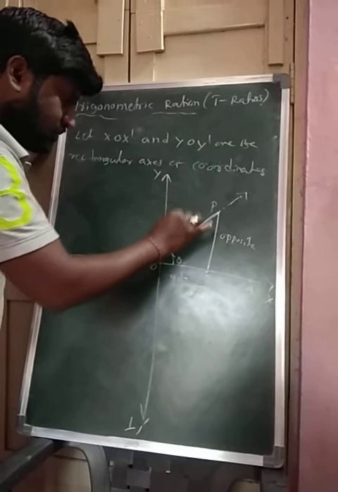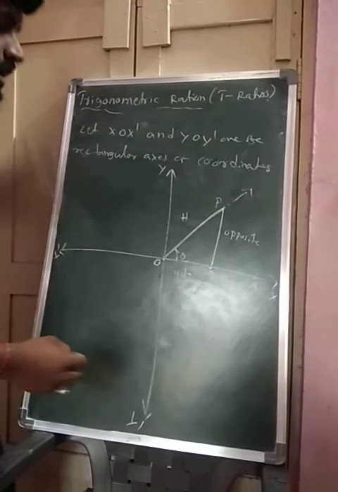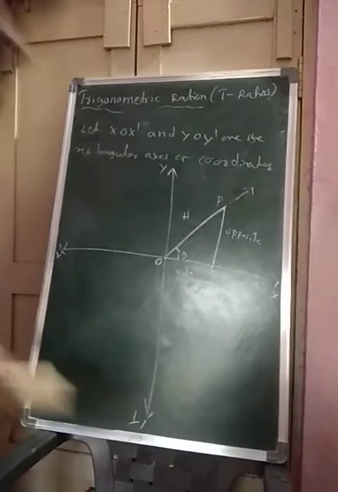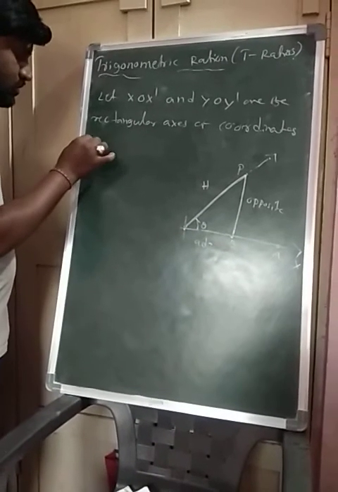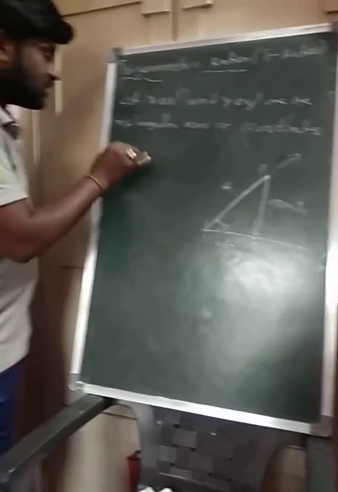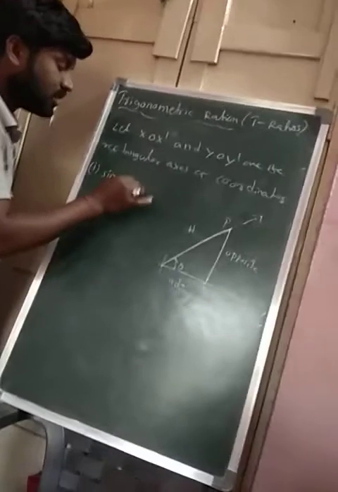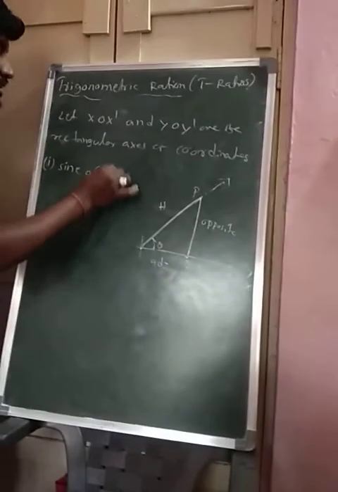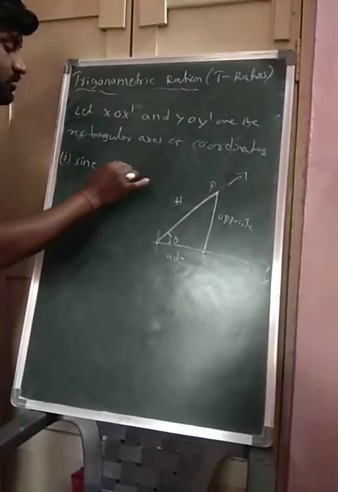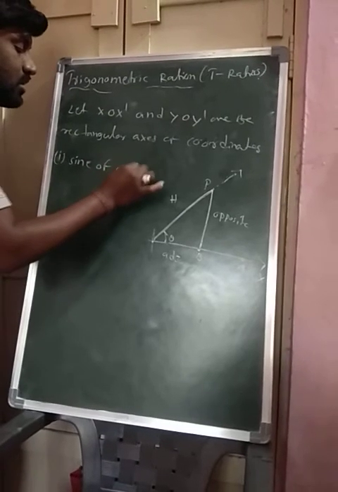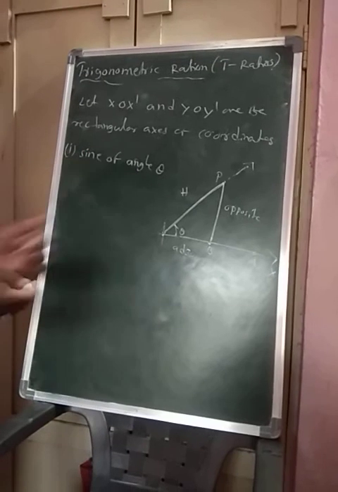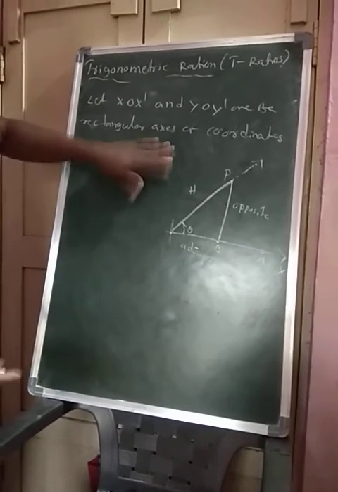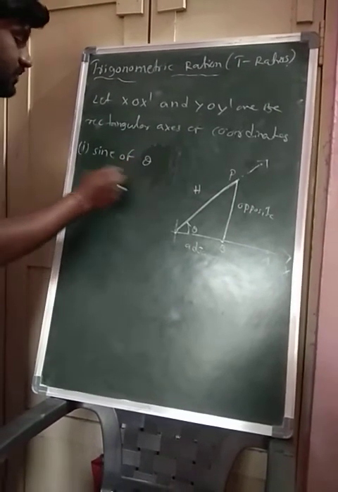OP is the hypotenuse. Now see, trigonometric ratios. The first one is sine of angle theta, or simply sine of theta. You can write it like this: sine of theta.